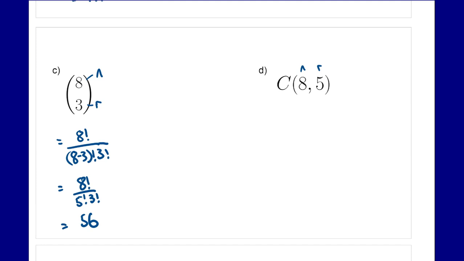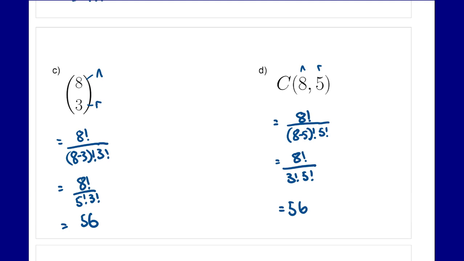Same with the second one. For D, same idea. 8 factorial, 8 objects, choosing 5. So we have 8 minus 5 factorial times 5 factorial. 8 factorial over 3 factorial times 5 factorial, which also gives us 56 ways.